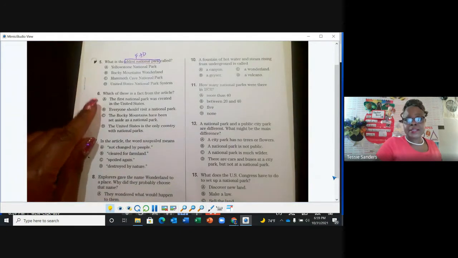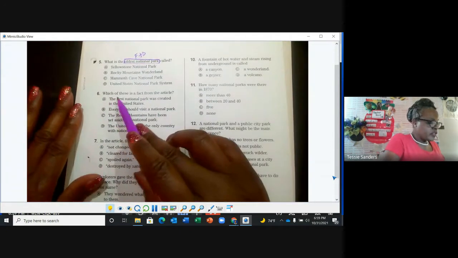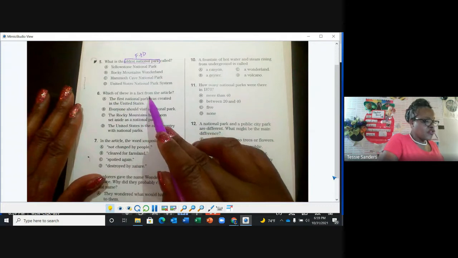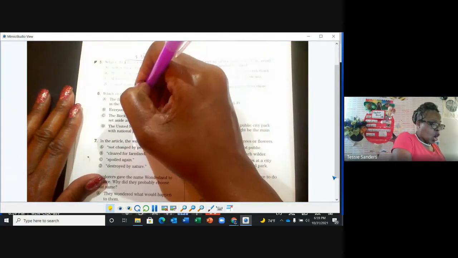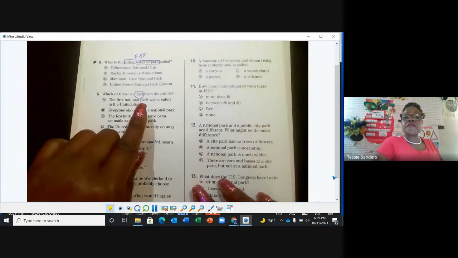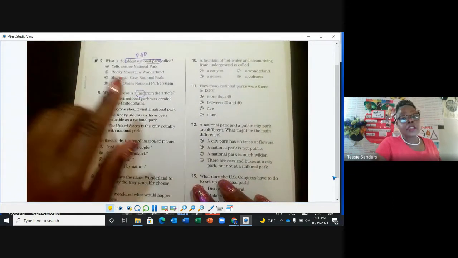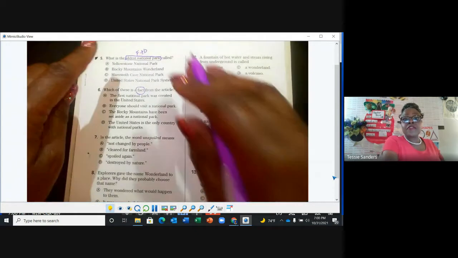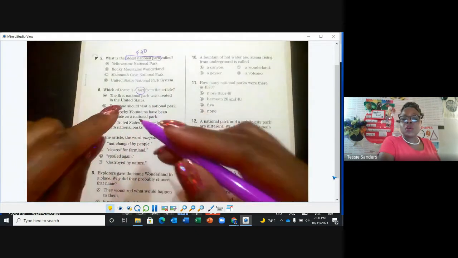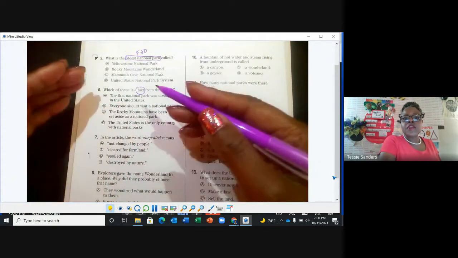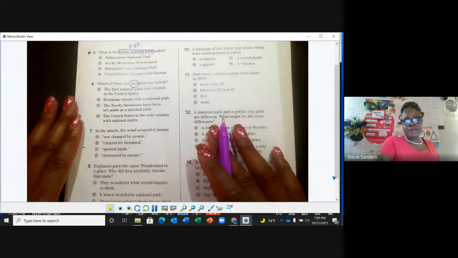Number 6. Which of these is a fact from the article? Now you're looking for a what? A fact, not an opinion. You remember fact and details? You must go back into the story to find the right answer.